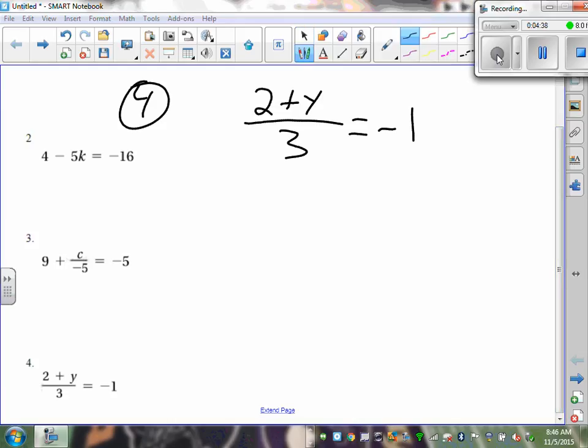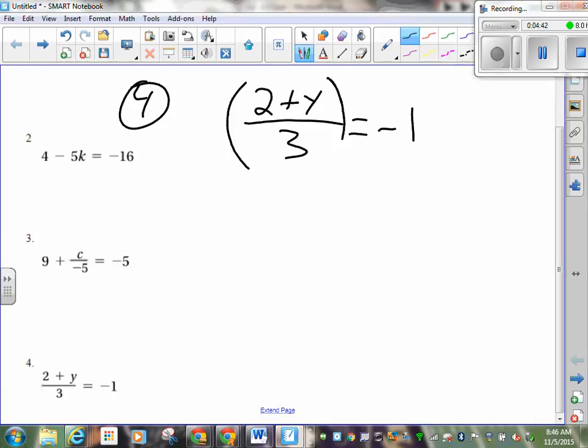Number 4. You have a 3 on the bottom. Put parentheses around it. And you're going to multiply this side by 3. And this line means divide, so I'm going to do the opposite. I have to multiply whatever number this bottom was, I put up here and then they cancel each other out.